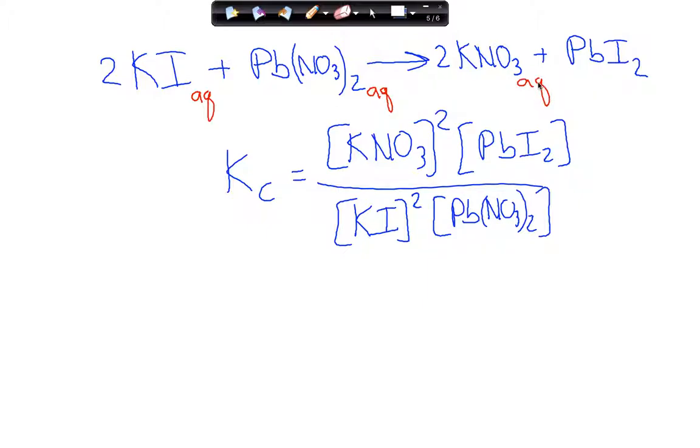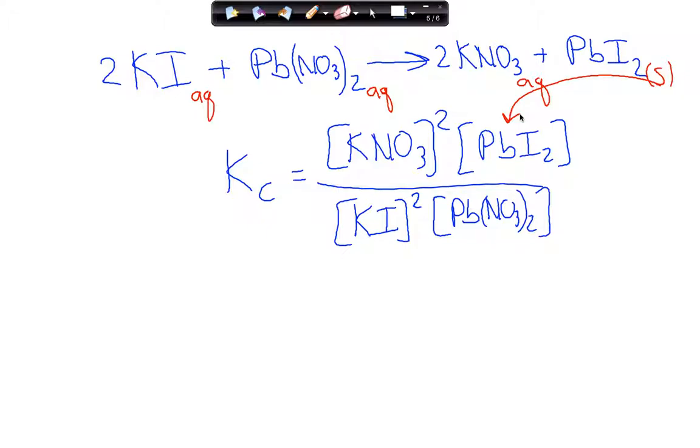But what happens when iodide as a halogen bonds to lead-2? It no longer dissolves in water, and it's a solid. That's a solid. It settles to the bottom of the beaker. It's a precipitate. Good. Yeah, it's a precipitate.